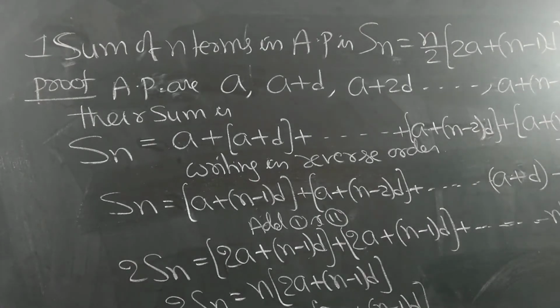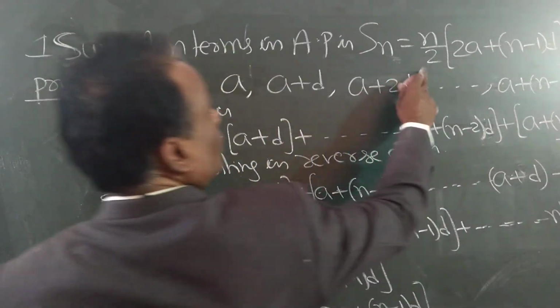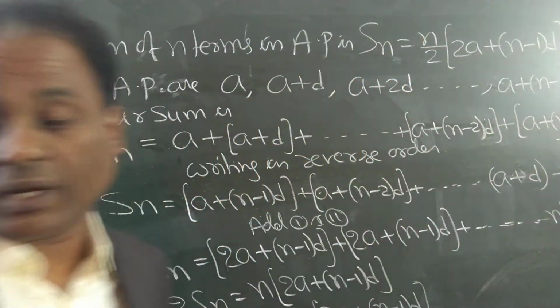Sum of n terms of an AP is n by 2 into 2a plus n minus 1 into d. Remember this formula.